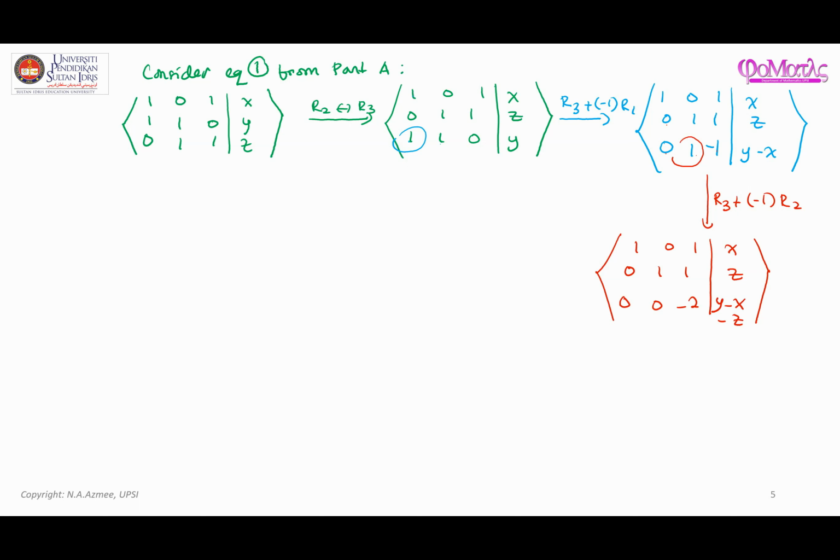Okay, right, next is I can turn this into 1, so that can be achieved if I multiply that with negative 1 over 2. So 1 0 1 x 0 1 1 z 0 0 1 y minus x minus z over negative 2.